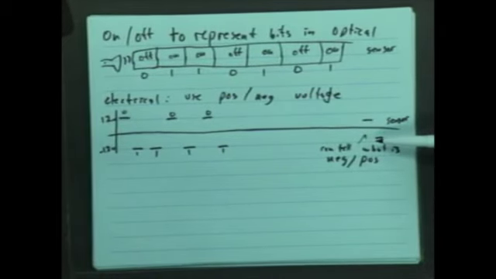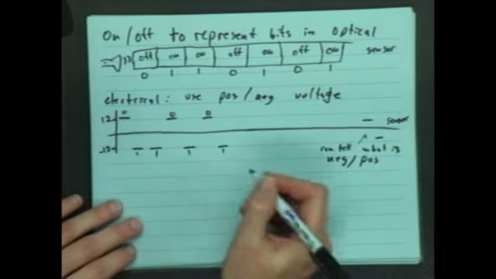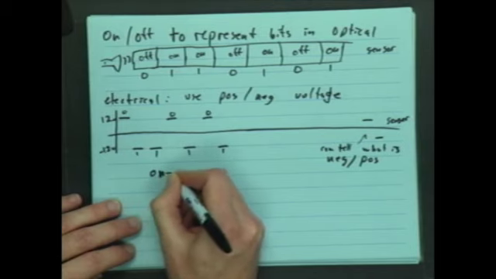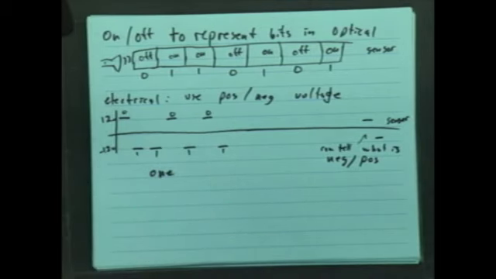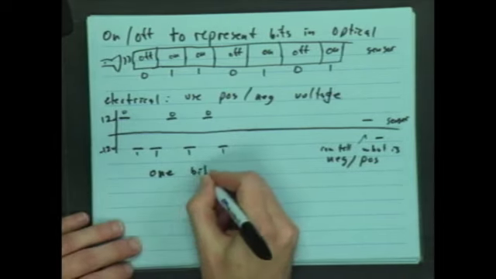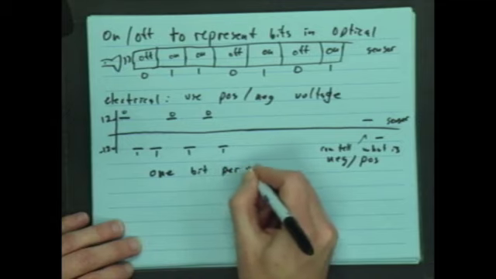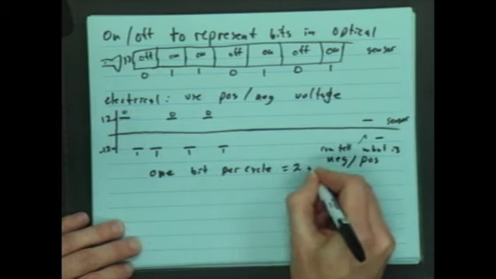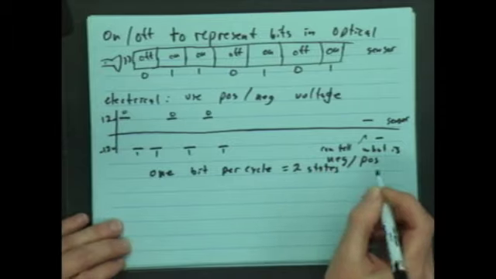That's really cool. Okay? This kind of signaling: one bit per cycle. That means there are 2 states, okay?